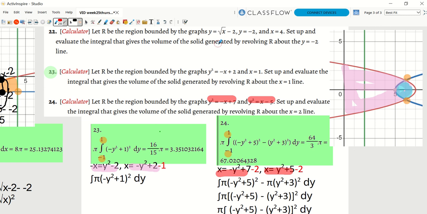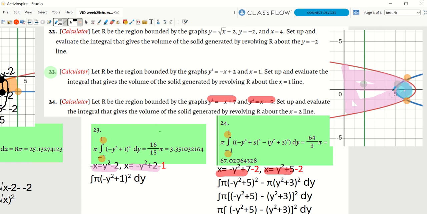For the same reason I described in the previous problems. Whatever the x coordinate is over here, you want to subtract 2 from it in order to get the distance between the grays. Same thing over here. Whatever the x coordinate is over here, you want to subtract 2 from it to get the distance between these two grays.